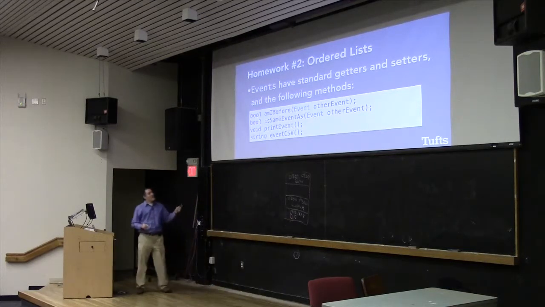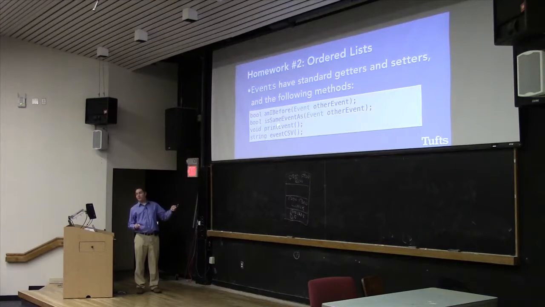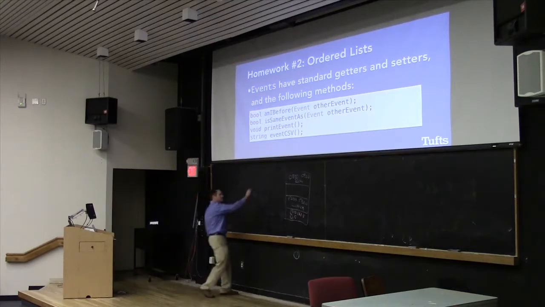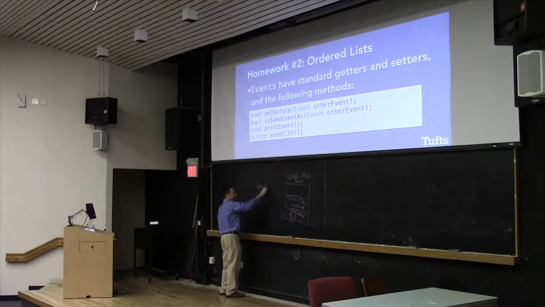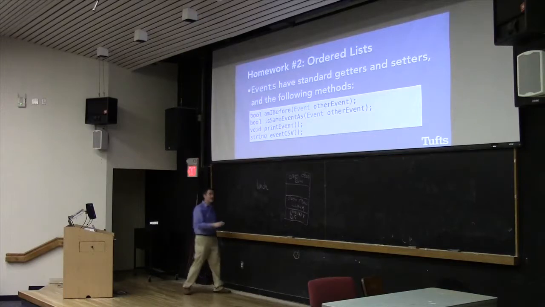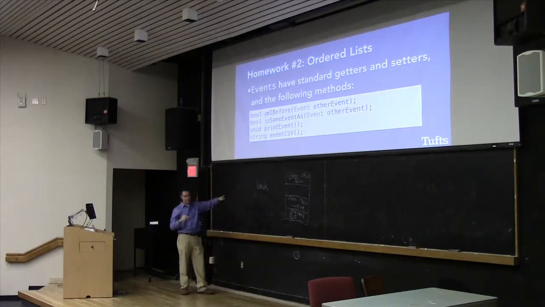The am I before method is going to be run on an event. So let's say I have a lunch event, or it could be a pointer to a lunch event or something like that. And we'll get to how you reference those differently in a minute.